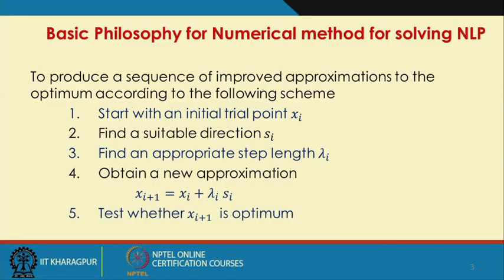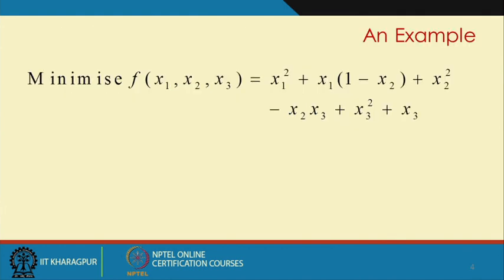Today I will explain the descent method. For explaining the descent method, I have considered a function of 3 variables, x1, x2 and x3, and the range of x is minus infinity to plus infinity.